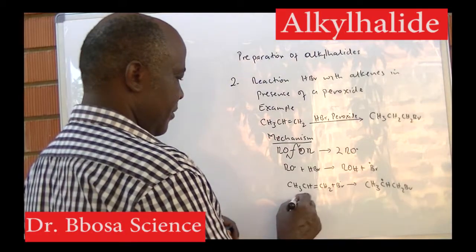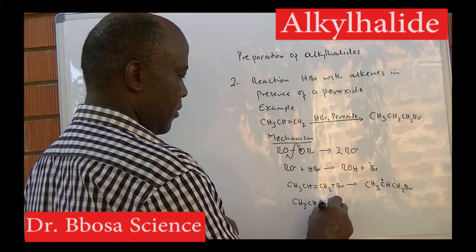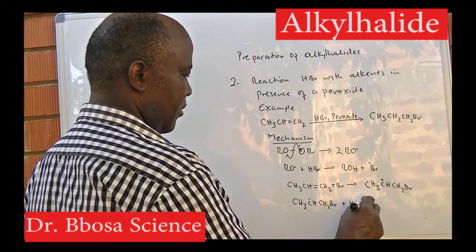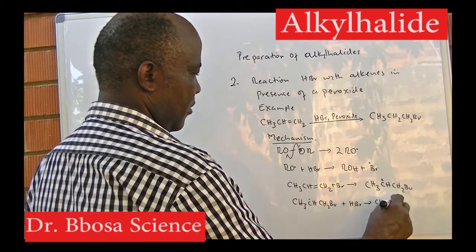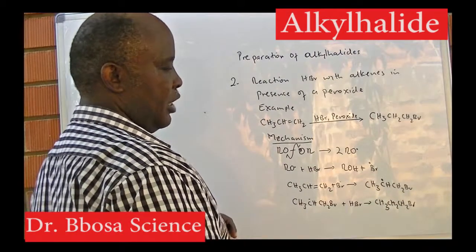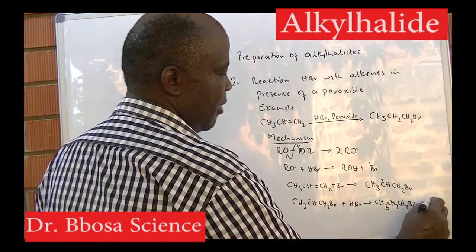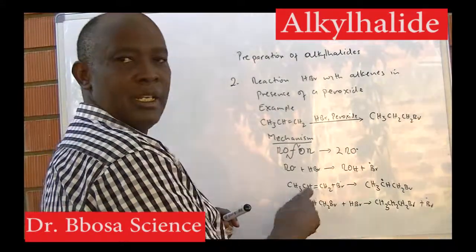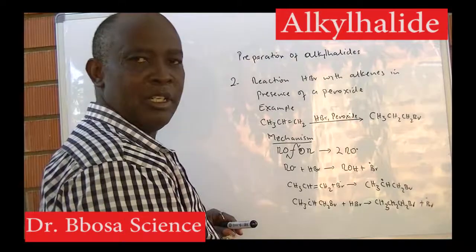Then finally, you get 1-bromopropane, plus a bromine free radical. The bromine free radical can now attack another propene. The reaction is described as a free radical chain reaction.